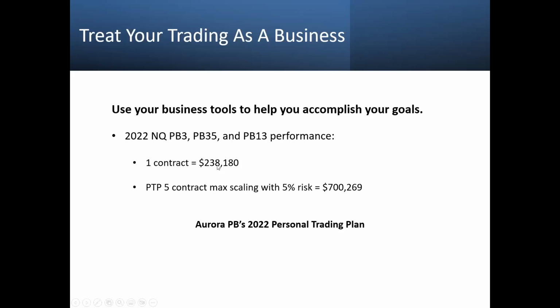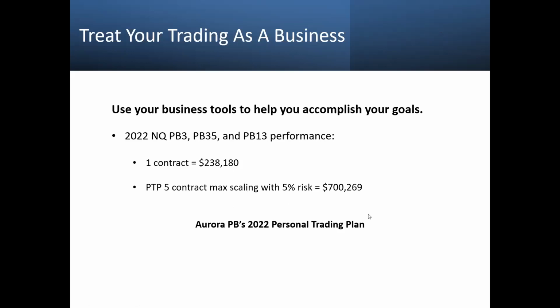So there's a very large difference there. You're obviously going to 5 contracts, so you're trading more contracts, you do have more risk, but this is where the personal trading plan comes in, so it can help you scale up your risk.